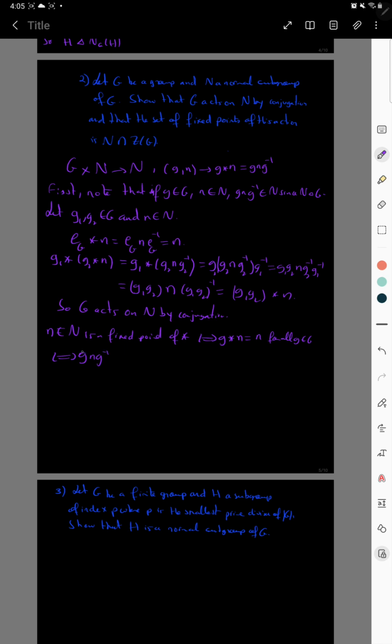This is just g n g⁻¹, which is equal to n for all g in G, if and only if gn is equal to ng for all g in G, if and only if n belongs to Z(G). Now, since n belongs to N, we can say that if and only if n belongs to Z(G) intersection N, right? Because n already belongs to N.